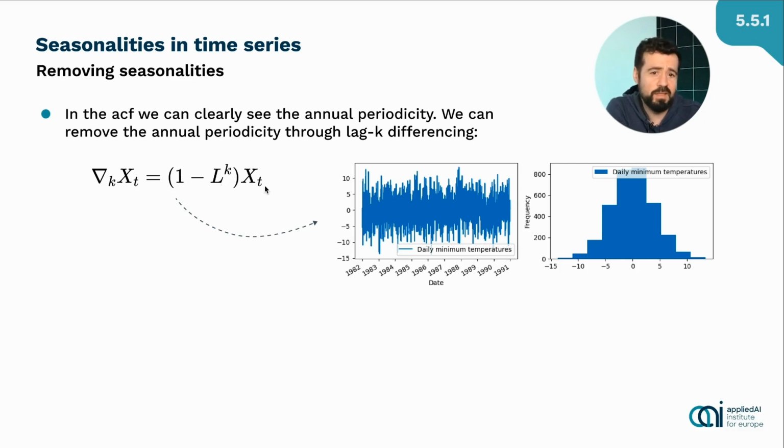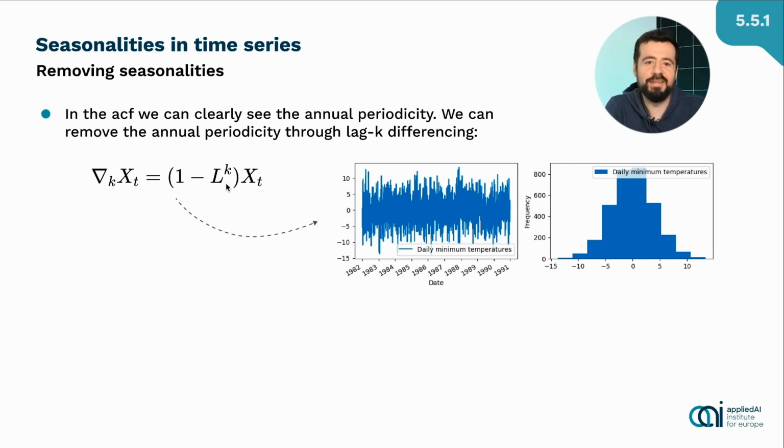So please note here the difference to order k differencing. In order k differencing, the power of k is outside of the parentheses. So here only the lag operator is raised to the k-th power, which means that we subtract the value x_{t minus k} rather than just the previous one. So this is really something different than order k differencing.